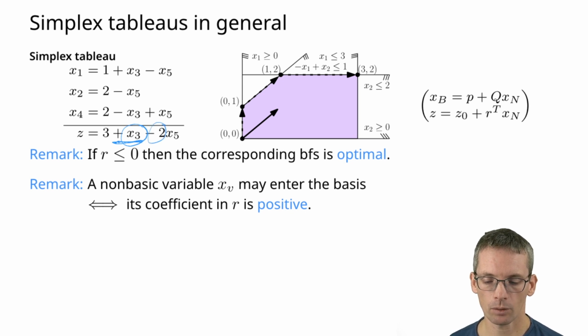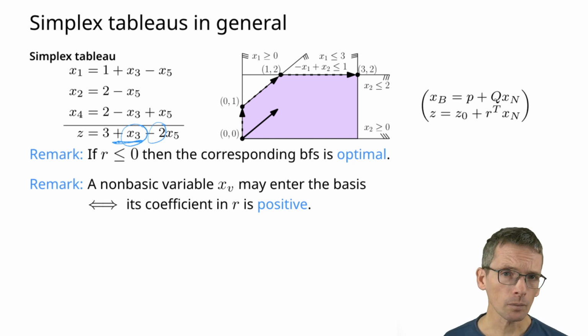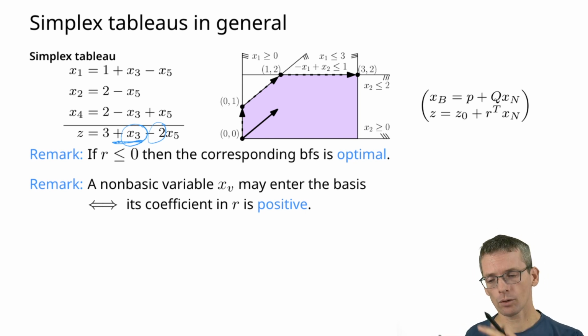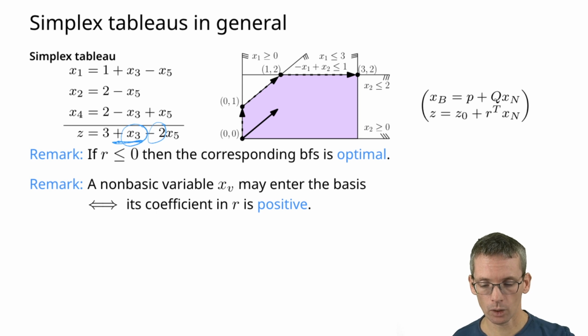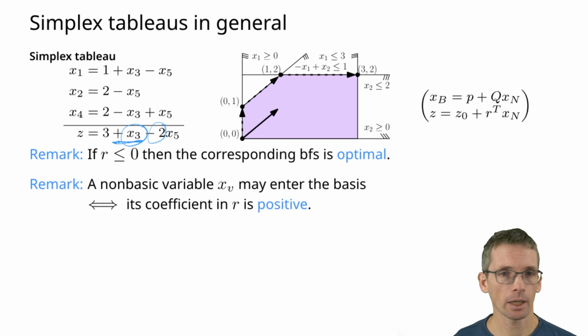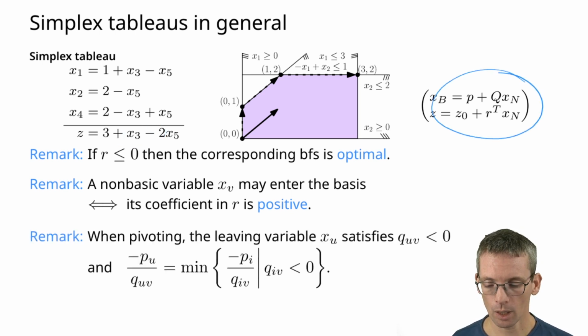Here it is -2 for the x5, so I cannot swap it in. And then if I'm doing this swap, I have to decide which variable should leave the simplex tableau, and this I always do by looking at which of the variables constrains the one that I want to swap in most, and so that we can express in terms of those numbers here.